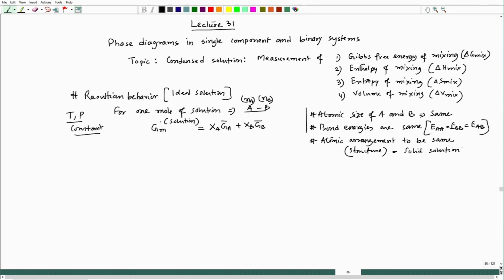We will see that later. So, these are the major assumptions, and only then would Raoultian behavior be followed.